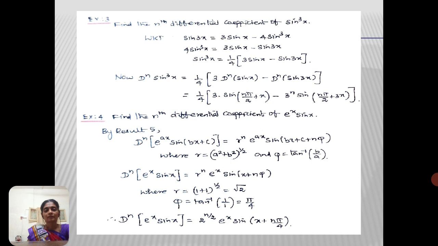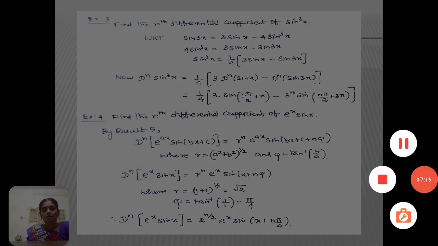Here d power n of e power x sin x equals r power n e power x sin(x plus n phi), where r is (1 plus 1) power 1 by 2 which is equal to root 2 and phi is tan inverse of 1 by 1 which is equal to pi by 4. So d power n of e power x sin x equals 2 power n by 2 e power x sin(x plus n pi by 4). Thank you.